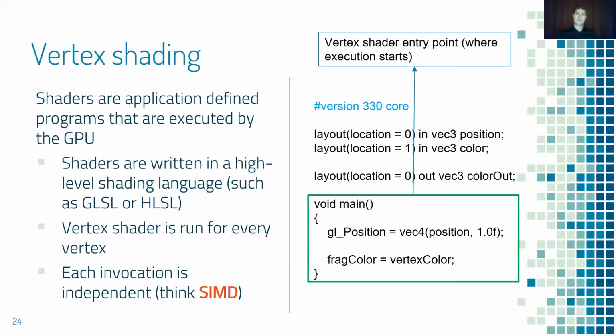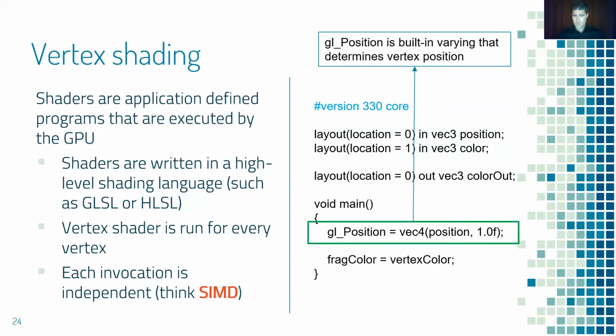This is where the shader execution will start. Maybe the most important built-in variable in OpenGL is gl_Position. We have to assign that in the vertex shader, and it is a varying and defines the position of the vertex, and then it also defines the positions of the fragment, which we'll talk about later.